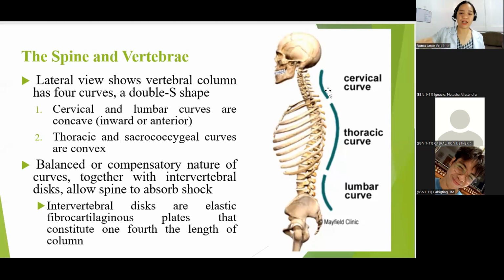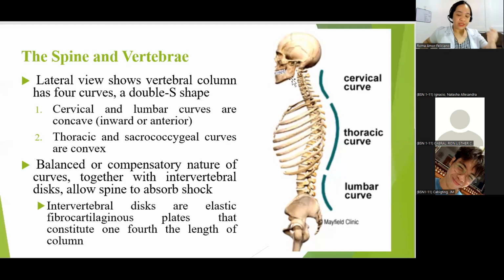Meron siyang normal na curvature. The thoracic and sacrococcygeal curves are convex. Convex is like this, outward, no? It's not inward, this one is outward.